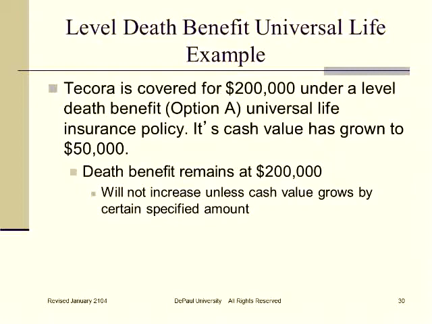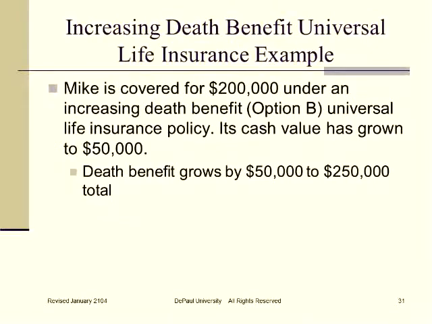The fact that you have $50,000 in cash doesn't change anything, and if you die, all you have is $200,000 of death benefit. In a whole life contract, unless you have a certain dividend structure, you still have only $200,000 worth of death benefit.